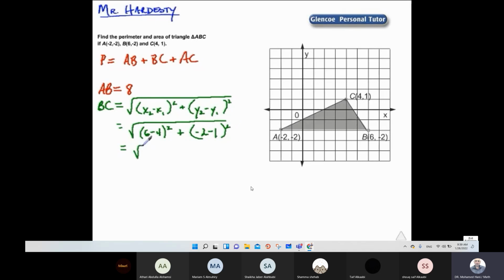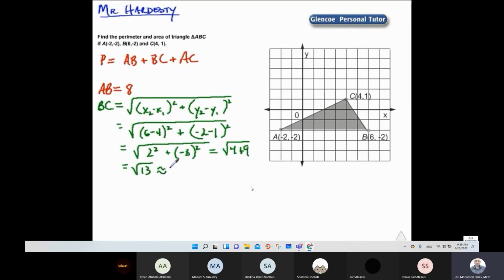This would be the square root of 2 squared plus -3 squared, which is the square root of 4 plus 9, so the square root of 13.